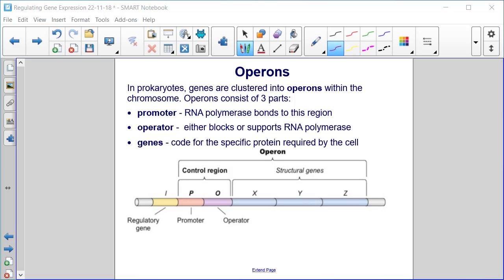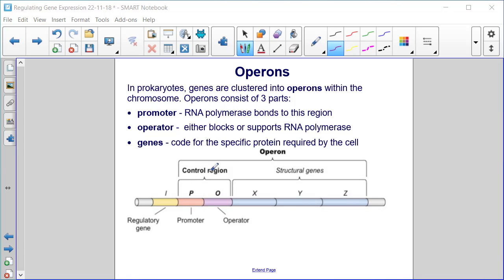Operons. In prokaryotes, genes are clustered into operons within the chromosome. Operons consist of three parts: the promoter, which is the region where RNA polymerase binds; the operator, which either blocks or supports RNA polymerase; and the genes, which code for the specific proteins required by the cell.